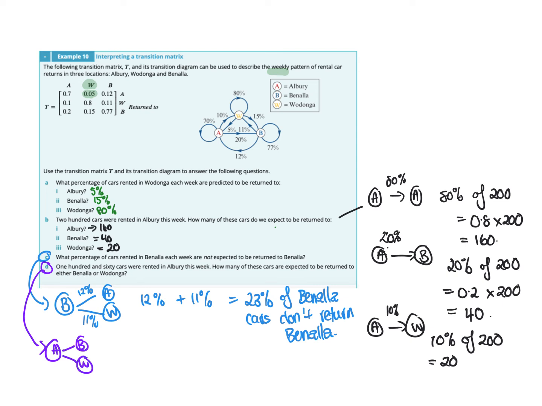If you look at those percentages, Albury to Benalla is 0.2, and this is 0.1. So it's pretty much 0.3, because you add them together, times 160, which equals 48 cars going to either Benalla or Wodonga.